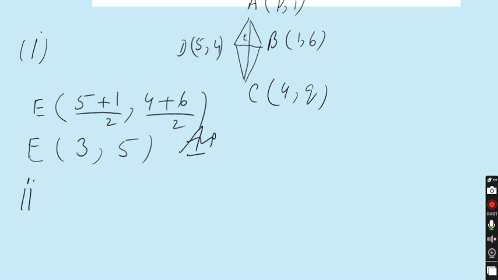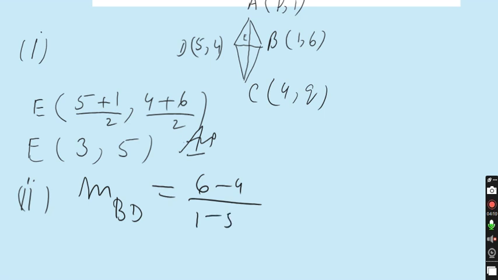This is part 2. Y2 minus Y1 upon X2 minus X1. 6 minus 4 is plus 2, and 1 minus 5 is minus 4. So it is minus 1 upon 2.